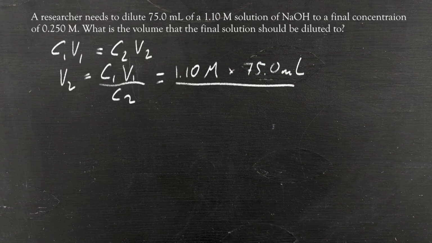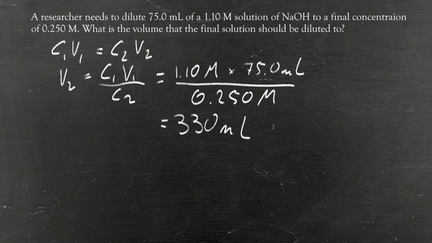And the final concentration is 0.250 moles per liter. When we perform this calculation, we find that the final volume should be 330 milliliters. Notice that once again, I didn't have to convert from milliliters to liters because the moles per liter and the moles per liter cancel out.